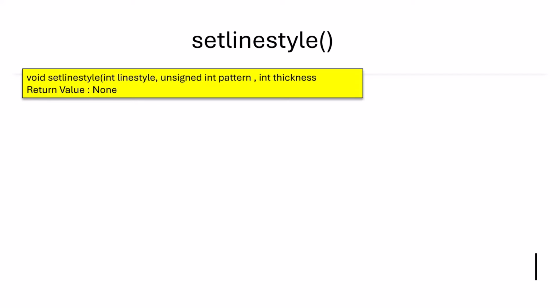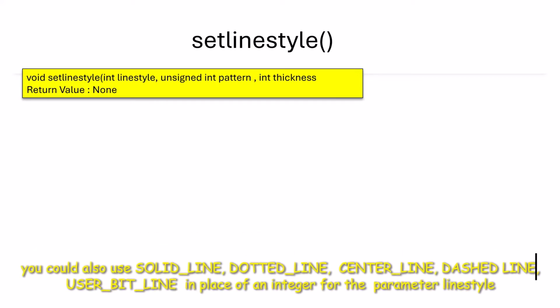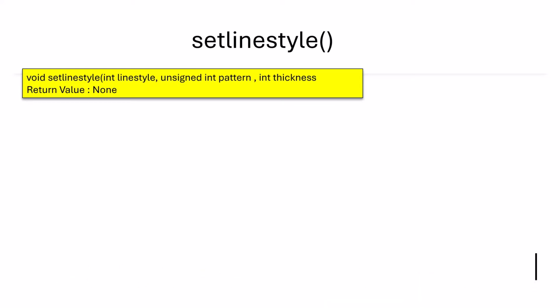Then we have set line style. This is the prototype. Again, return value is none, and the parameters are integer type parameter line style, which will indicate whether we have a solid line or a dash line or a dotted line, etc. The unsigned int pattern, which is the second parameter, is used only if the line style is a user-defined line style, but nonetheless, it needs to be passed as argument when calling set line style.